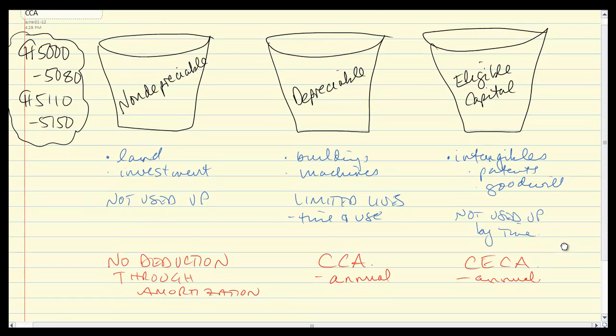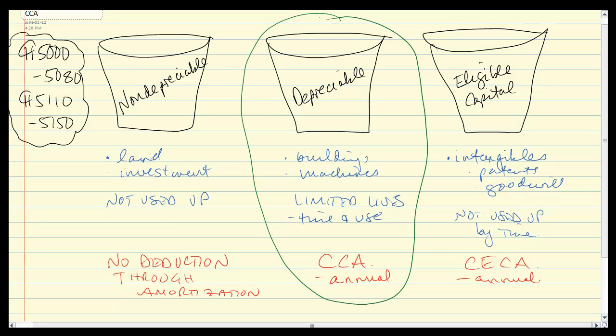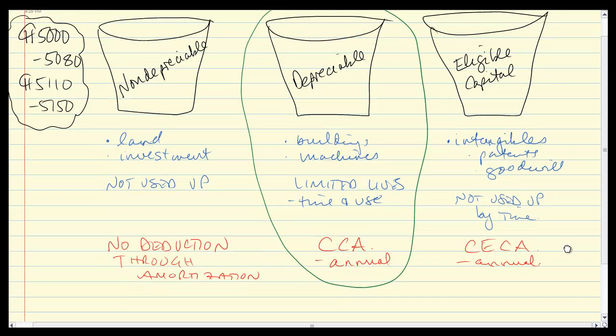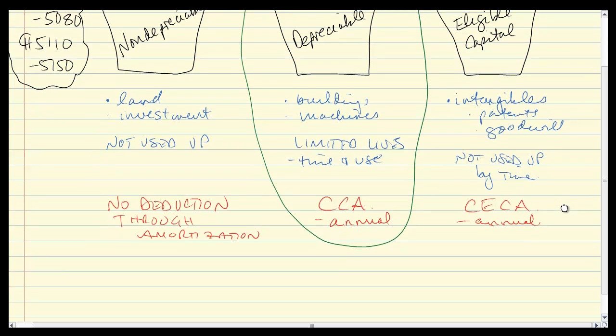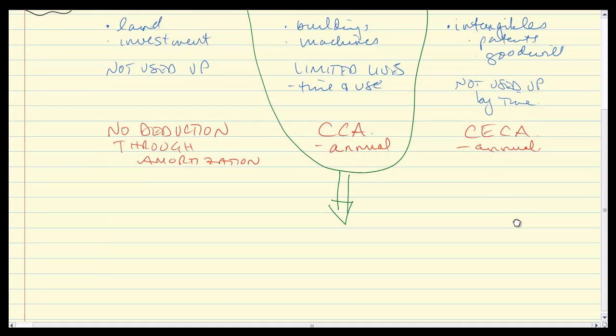Okay, so what we want to focus on is the one that is the most common and causes the most trouble, which is this one. So depreciable property is the stuff that's going to the income statement each year and being used up through time and use. Now we're in this world and we've got assets, all of which are depreciable.